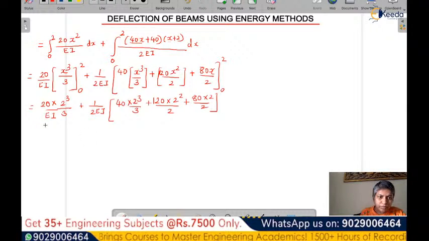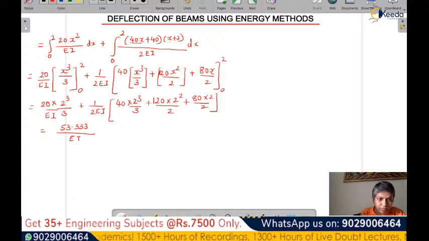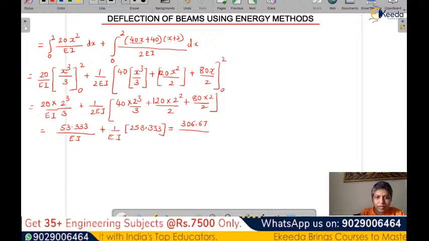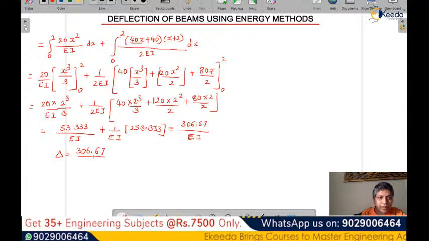Once we do this calculation we will reach 53.333 by EI plus 1 by EI into 253.333. When you do the addition, your answer will be 306.67 by EI. So this is the value of delta. We found delta is equal to 306.67 by EI. This is our answer.